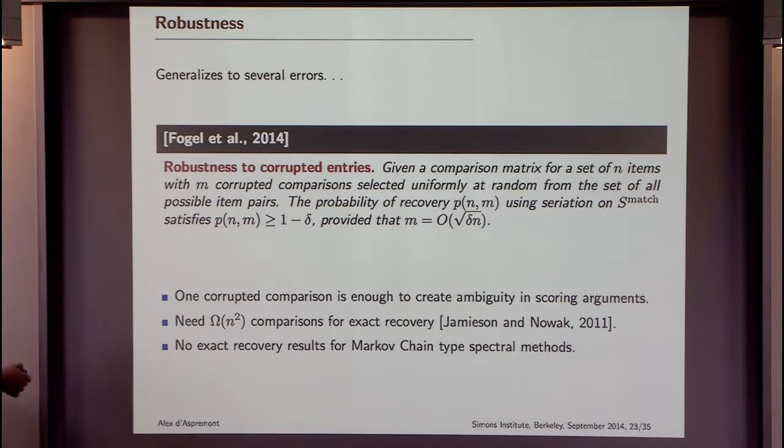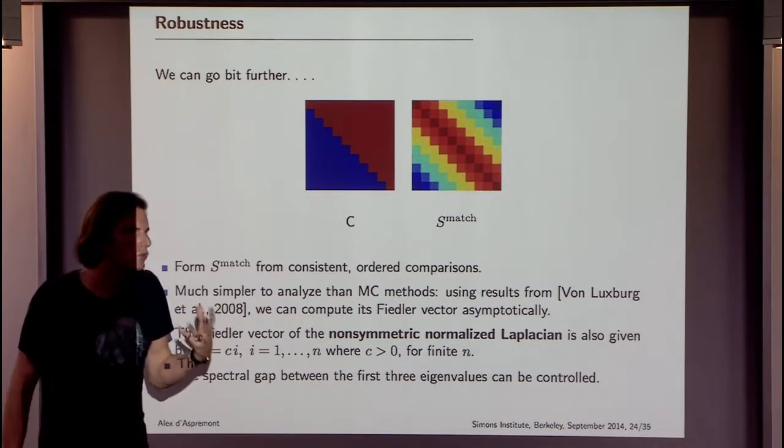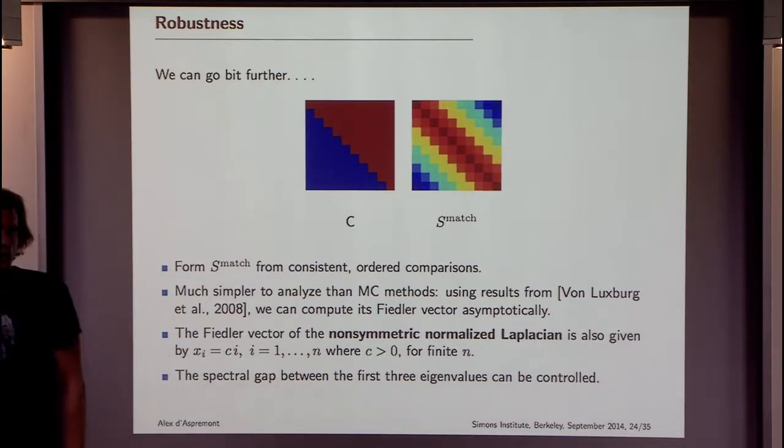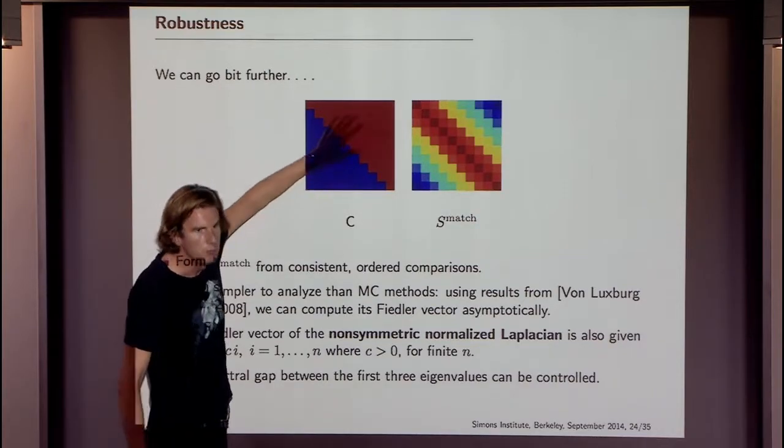So clearly you won't be able to go up to n squared, but it's not clear exactly where this stops. So it might be possible to do more. We can't do that yet, but I'll switch to another argument later. And as far as I know, there's no exact recovery result of this type for the Markov chain type spectral methods. Okay, so what's interesting here is that the matrix you form to reconstruct the true ordering is extremely simple. Okay, this is just -1 and +1.